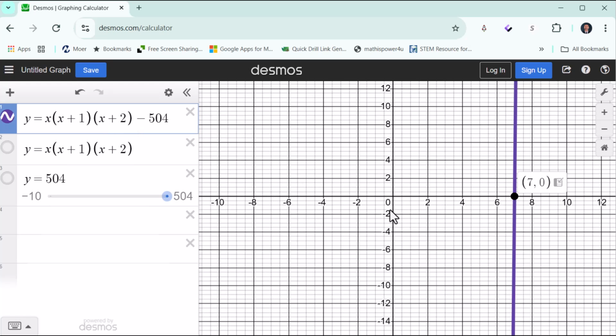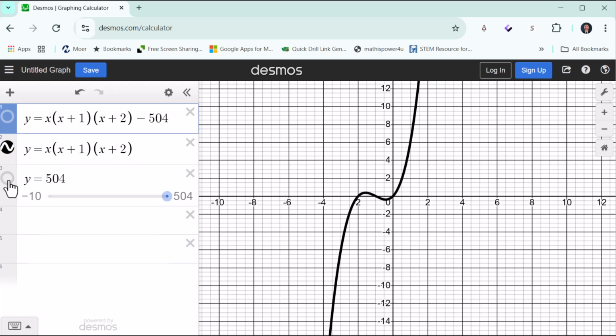So the nice thing about this method is that we always know we're looking for a point along the x-axis. If we want to use the point of intersection method, we graph y equals x times the quantity x plus 1 times the quantity x plus 2, as well as y equals 504, and then look for the point of intersection. In this case, though, we'll have to adjust the window so the y-axis goes above 504.